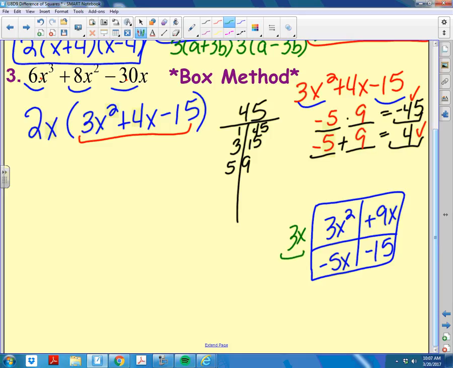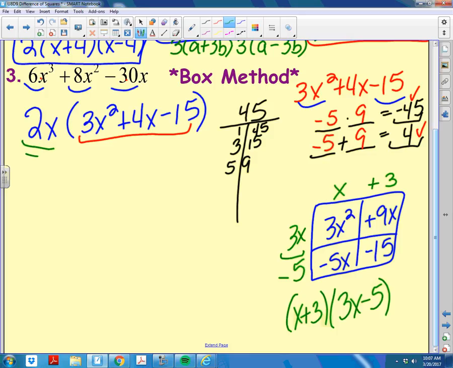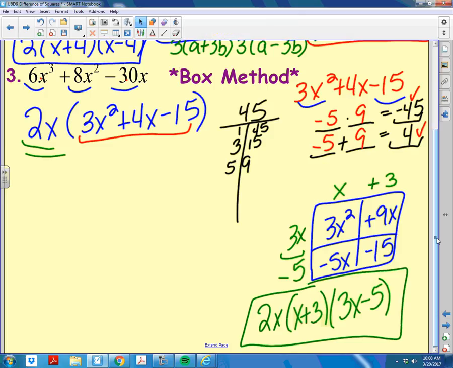That's 3x times x times negative 5, and positive 3, which means my factors are x plus 3, 3x minus 5. I cannot forget this guy. 2x goes out front, and that is your answer. The math gets complicated. You have to be organized and neat and stay in touch with everything as you go all the way through it.